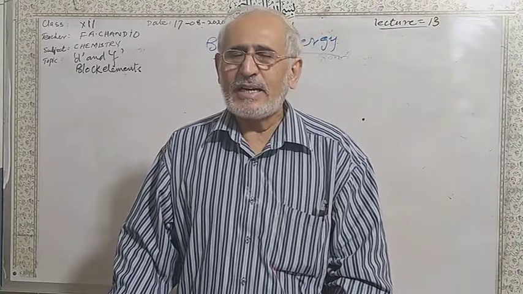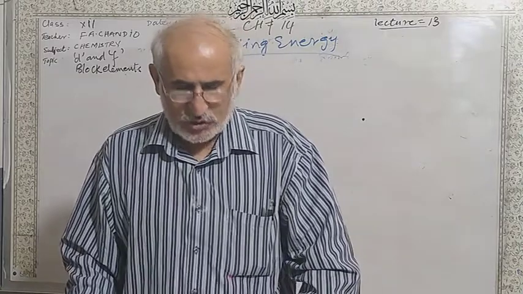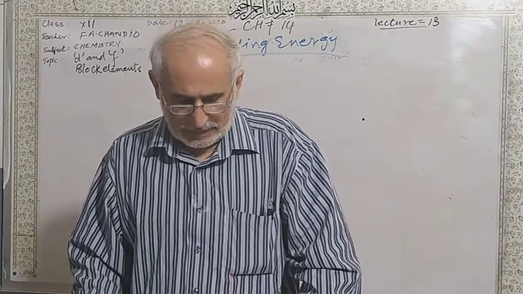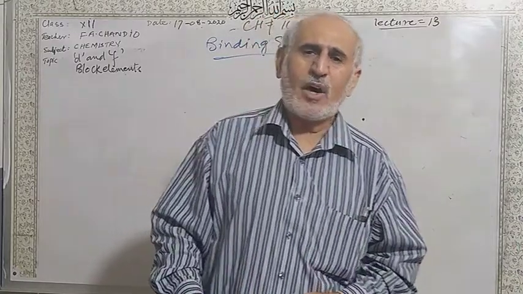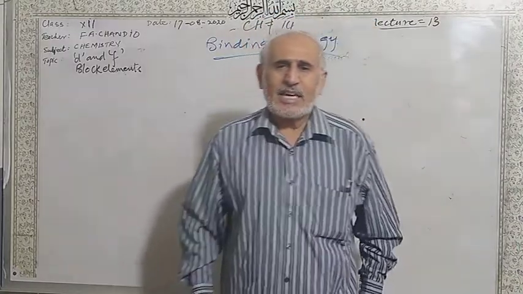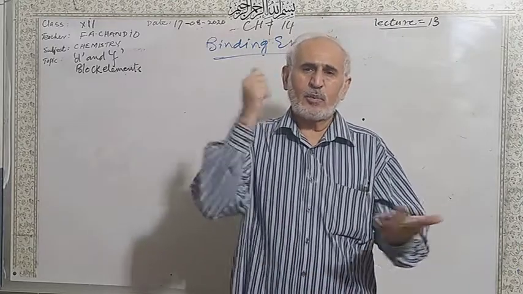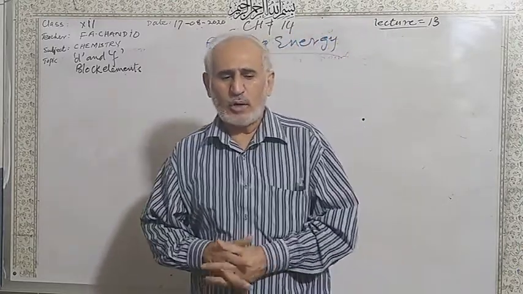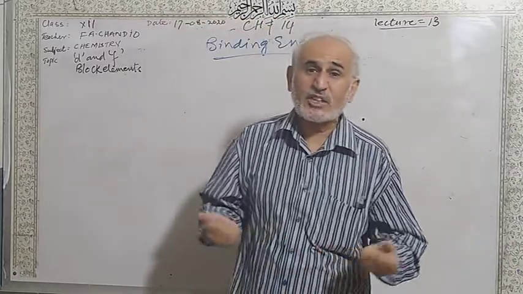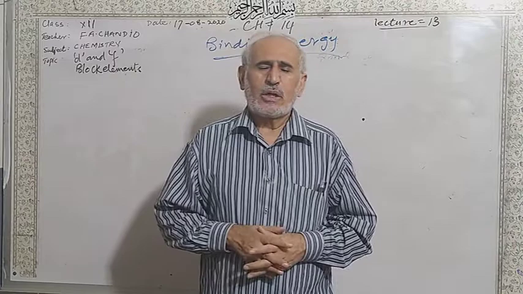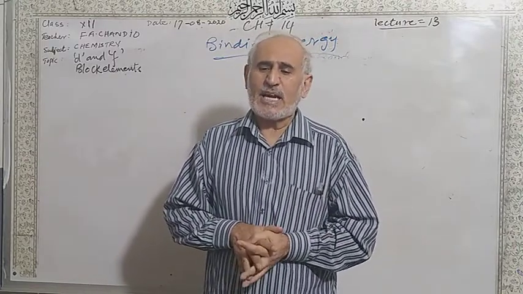So they have very high binding energy, strong forces, tough, malleable and ductile. Malleability and ductility of the metal means they change into sheets and wires. When you apply pressure, they will not fracture. So instead of fracturing, they change into sheets and wires.